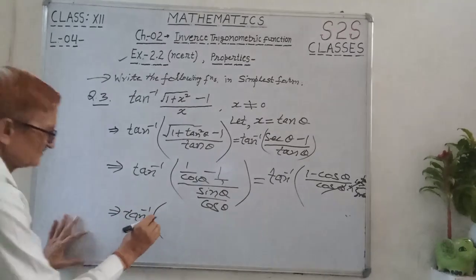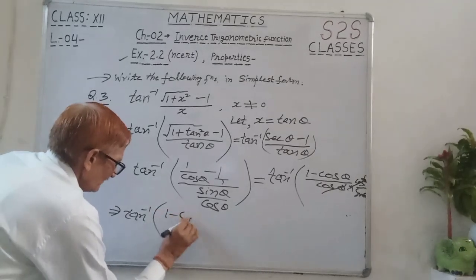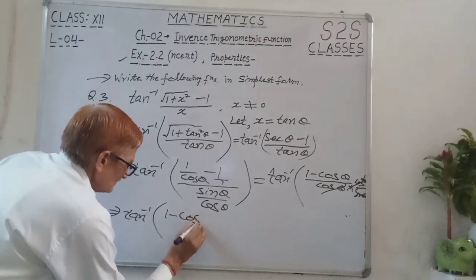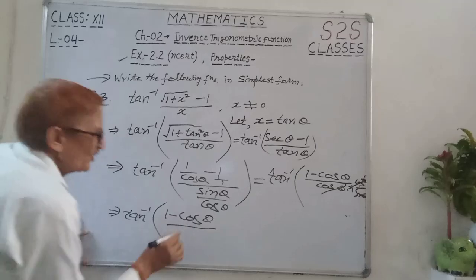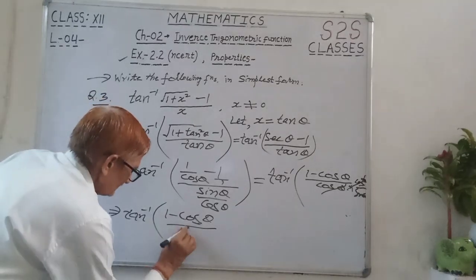Then it is tan inverse of 1 minus cos theta upon sin theta.